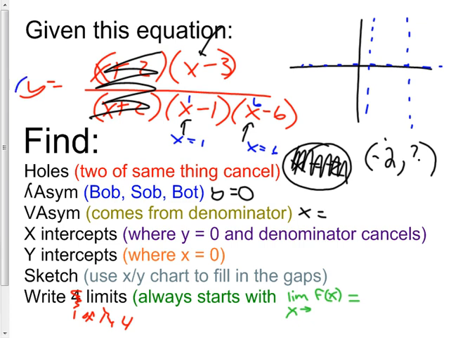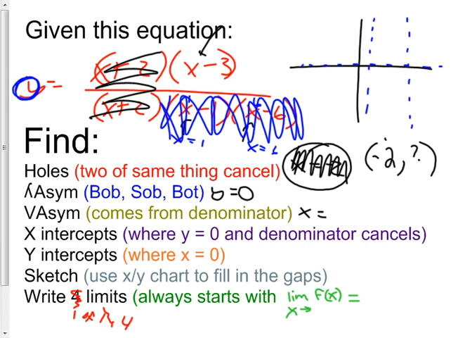If I set this equal to 0, then all I care about is the top, because if the top is 0, then I don't care what's on the bottom. 0 divided by anything is 0. So that would be at x equals 3. And so x equals 3 is where the x-intercept is. So I'm going to go over here to 3 and put a dot. And that's one of those things that should be messing with your head because it's right on top of an asymptote line. And in the past, you weren't able to do that.